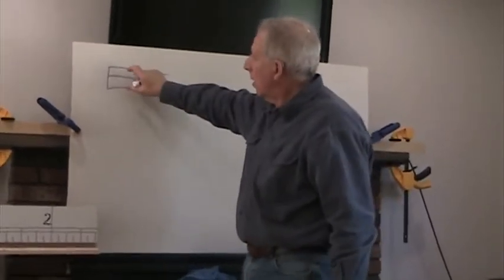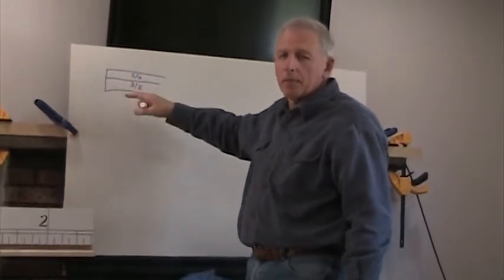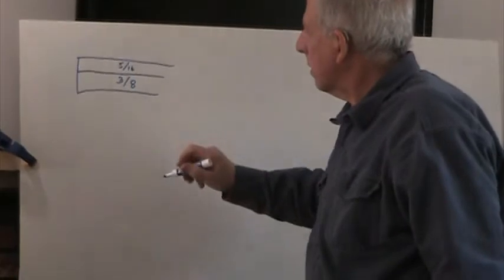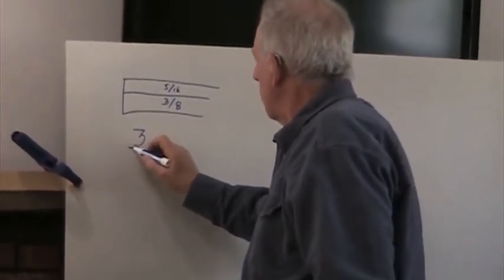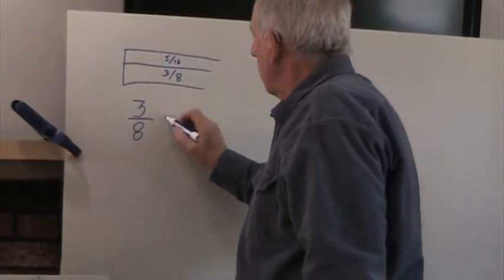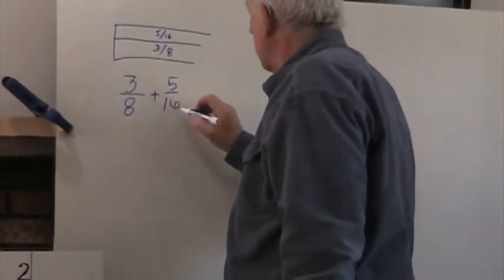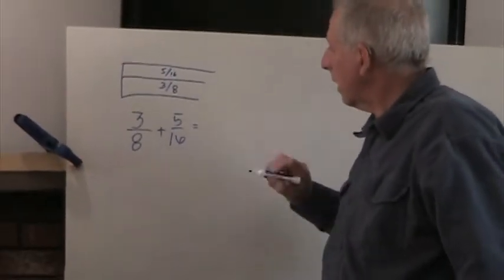So I have to know the maximum thickness of wood so the screw could be shorter than that. I need to add together 5/16 and 3/8. As a math problem, 3/8 plus 5/16 is what I'm looking for. So what's that total thickness?